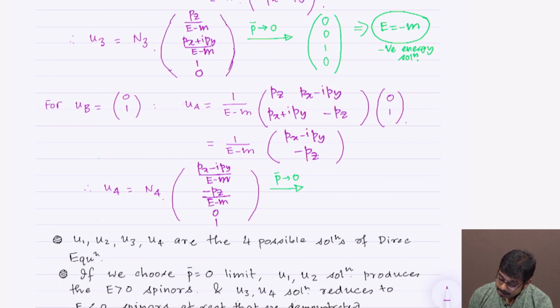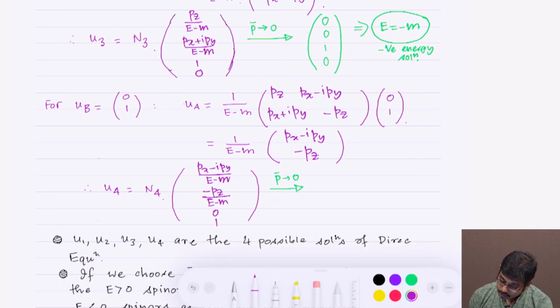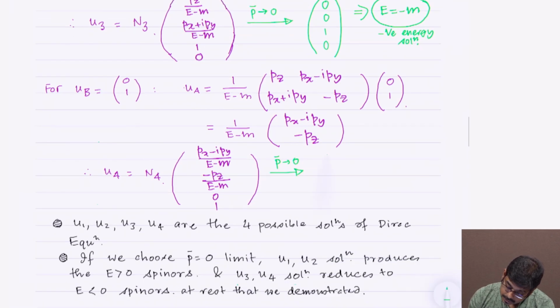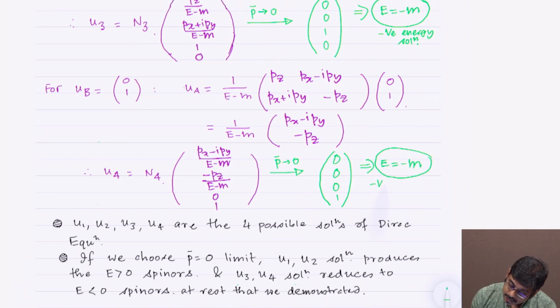So, what is the p tending to 0 limit that we get actually from this one? Well, this is also very obvious. We are going to get 0 0 0 1, and it is easy to check or remind ourselves that this is going to give us E is equal to minus m, once again negative energy solution.